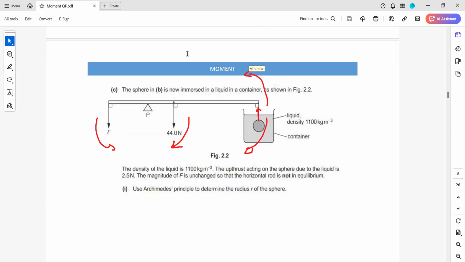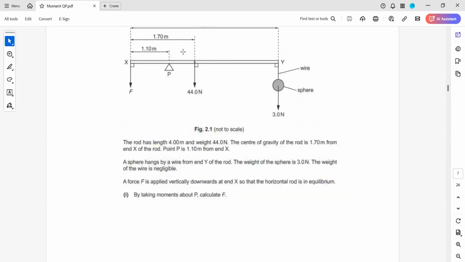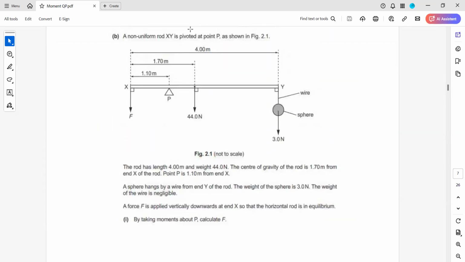If you see this question, the beam was balanced. So this was causing an anti-clockwise moment, this a clockwise moment, this a clockwise moment, and it was balanced. But when it is placed in water, the upthrust is actually causing a turning effect. So the resulting turning effect is now only due to the upthrust.